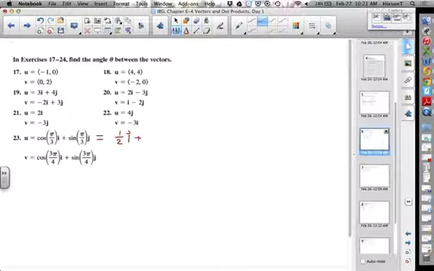Root 3 over 2. j, okay? Or you could rewrite that as simply the vector 1/2, root 3 over 2.